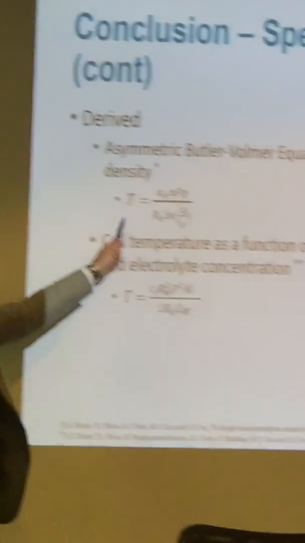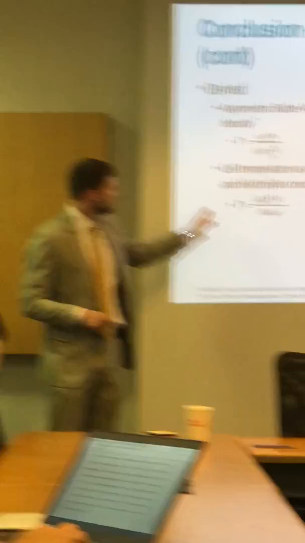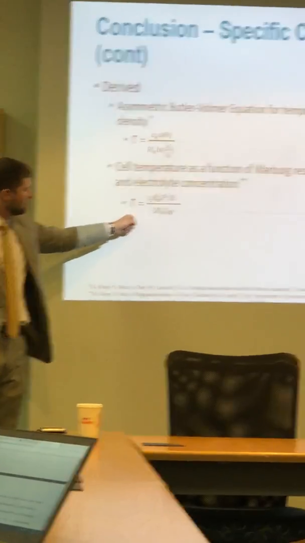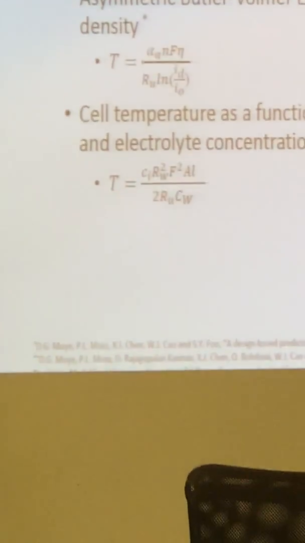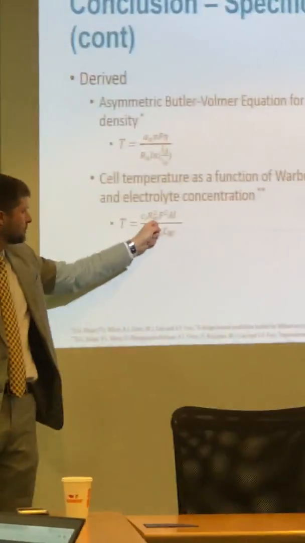And I derived an asymmetric Butler-Volmer equation to compute the device's temperature as a function of its current, and therefore exchange current. Also, I derived a method of checking the temperature of a device that has Warburg elements in it as a function of its Warburg capacitance and resistance.